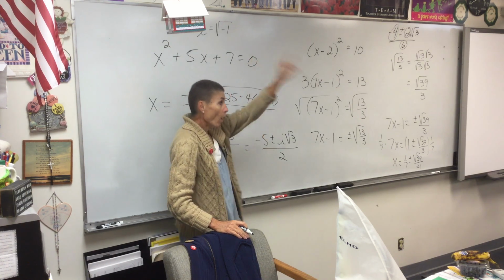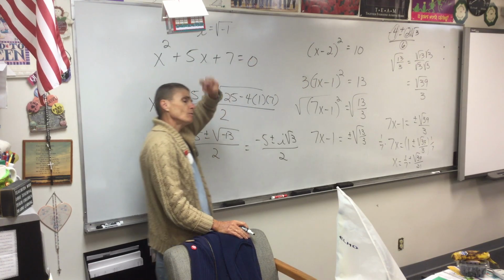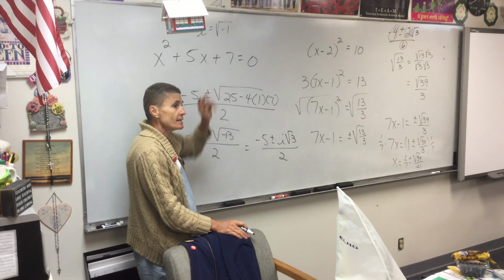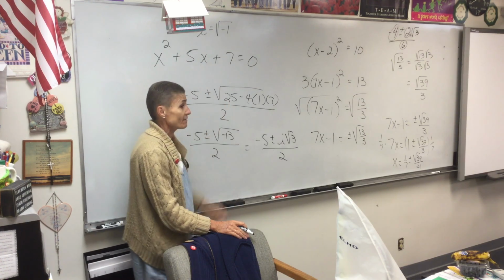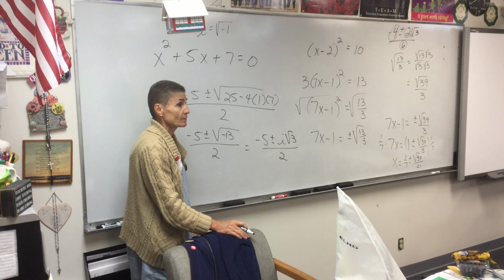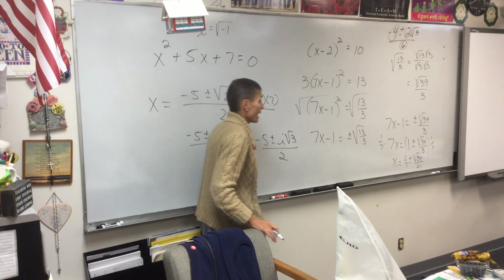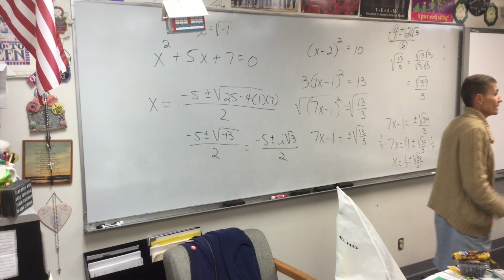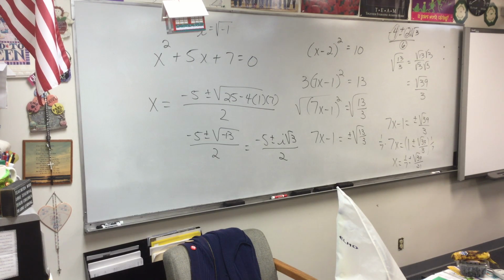Now, what if Michael says, wait, Miss Ford, I want to graph this on my calculator. Any ideas what's going to happen when he graphs that on his calculator? Actually, it'll graph for you, but what won't it do? It won't find the zero. It won't cross the x-axis.